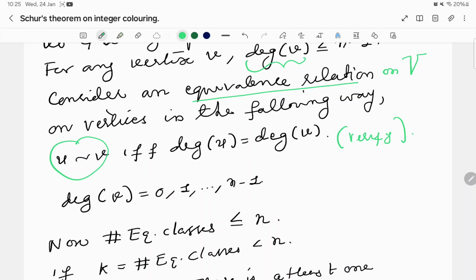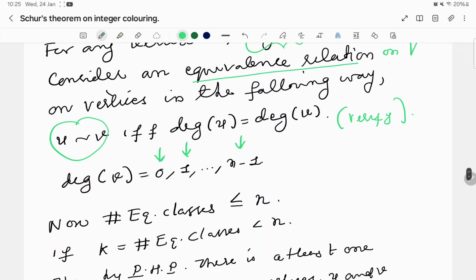Now, what are the possible degrees? Whatever the graph, the degree can be 0, 1, up to n-1. It depends on the graph. Maximally it achieves n-1 if the complete graph comes into the picture. Now, you know that the equivalence classes partition the vertex set, and the equivalence classes are subsets of the vertex set.